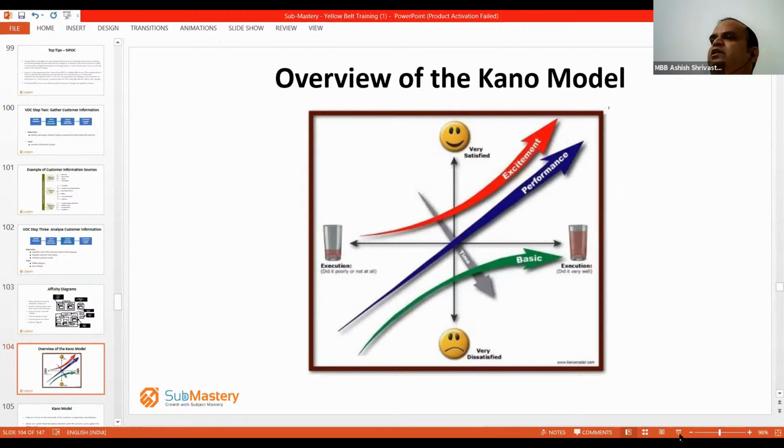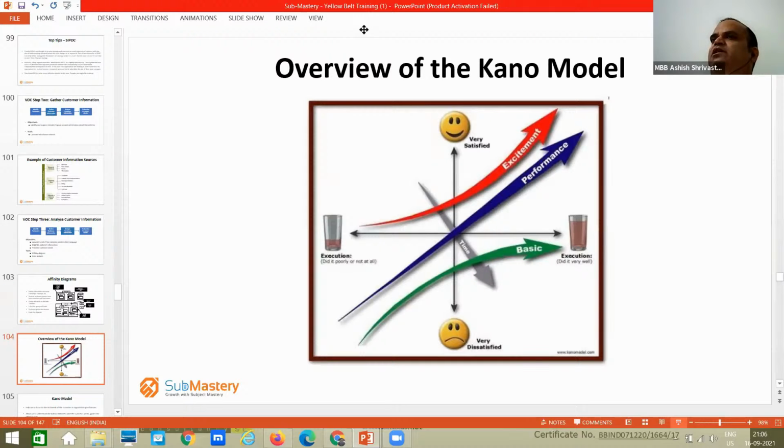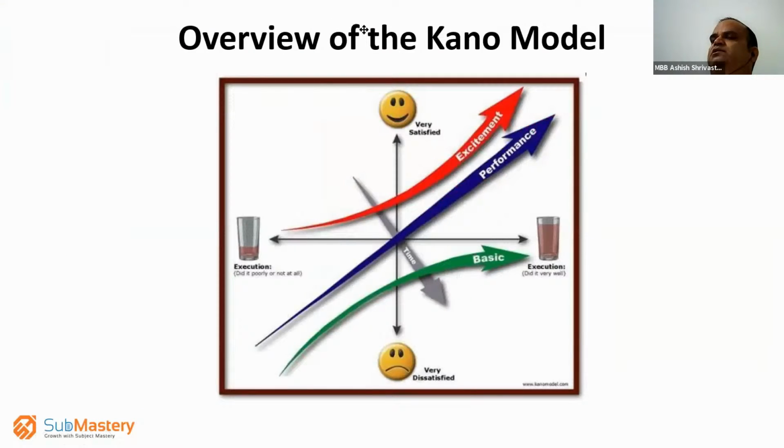Now guys, this is very important. Kano diagram. Maybe some of you have seen it already, you have used it already. So what is this Kano diagram? This Kano diagram is extremely important. You can see here there are two axes, the x-axis and y-axis.